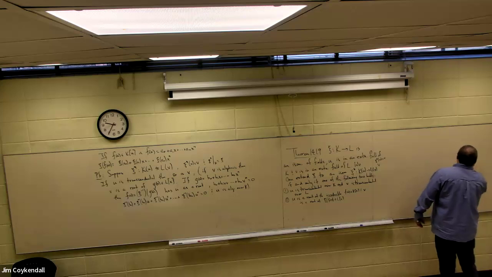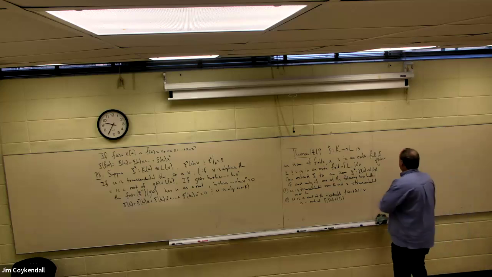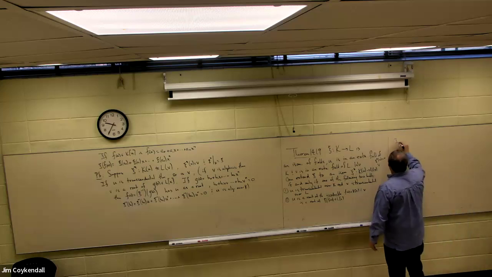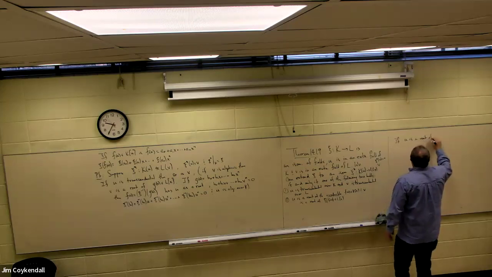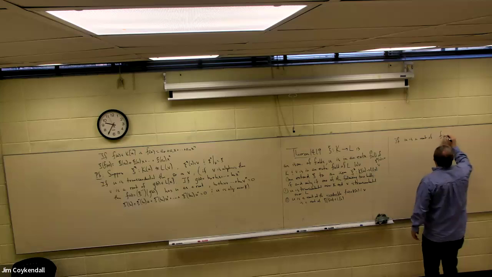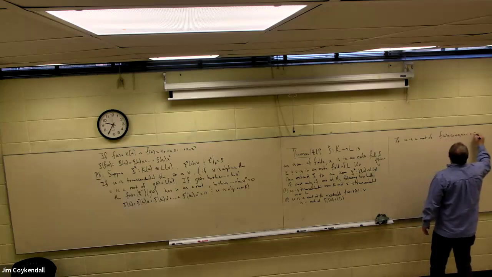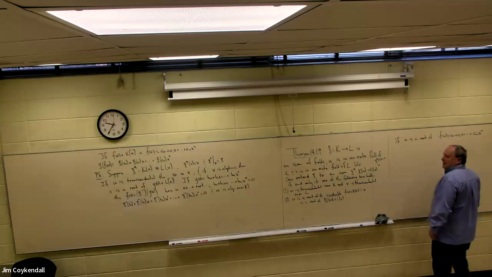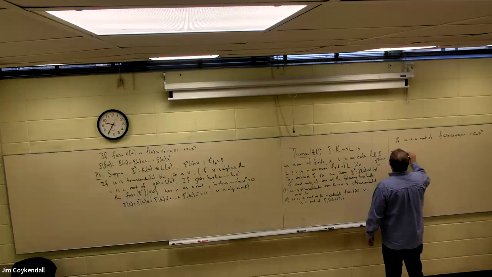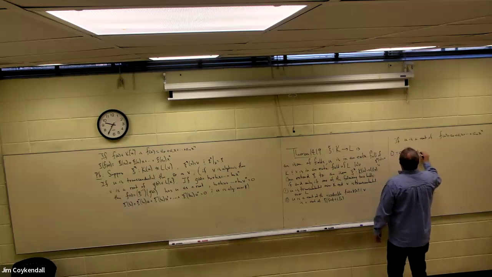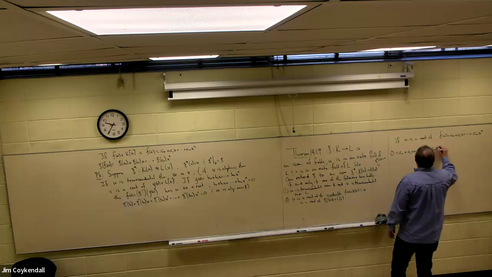So on the other hand, if u is a root of f(x), which is a0 plus a1x plus up to an x^n, then this means that 0 is a0 plus a1u plus a2u squared plus up to an u^n.